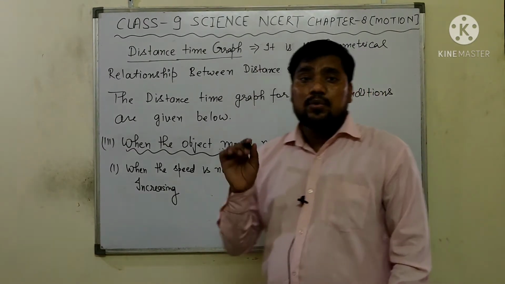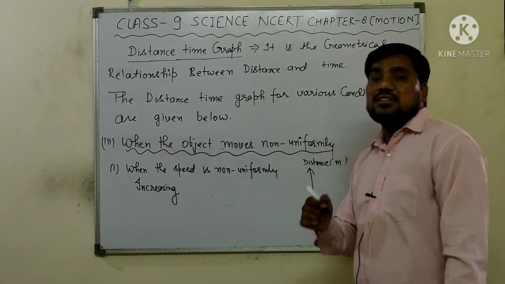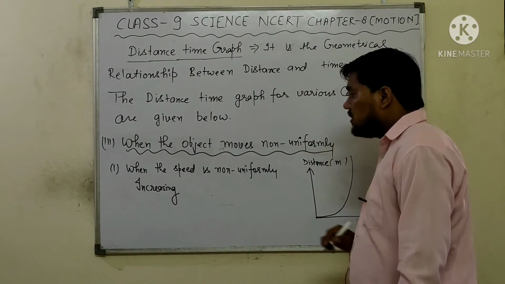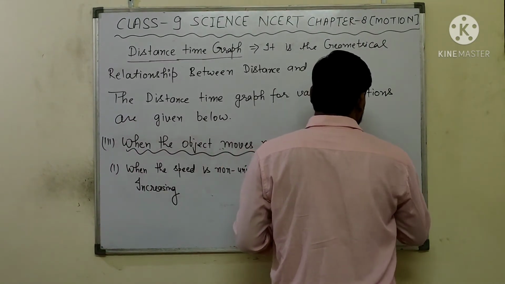Now if we are plotting a graph of the object which is moving non-uniformly and the speed is increasing continuously, what will the graph be? The graph will be like this. This is a curve.